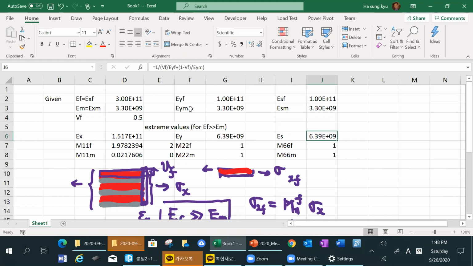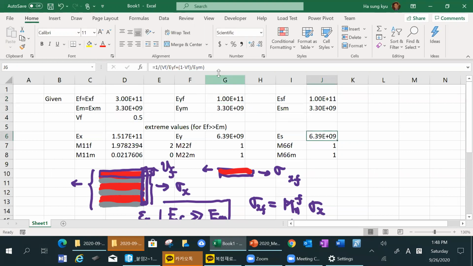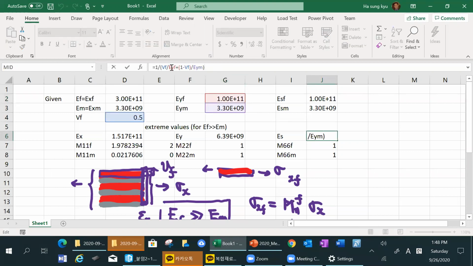And here, instead of these terms, we can simply have these terms. Instead of EYF, you can say these terms.